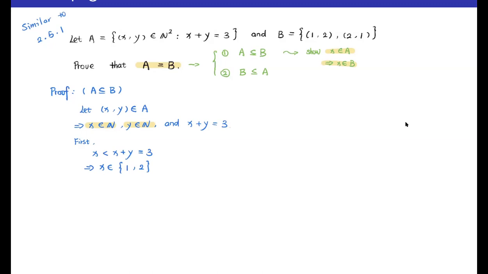Similarly, we have y is strictly less than x plus y, which equals 3, which means y can either be 1 or 2 as well.